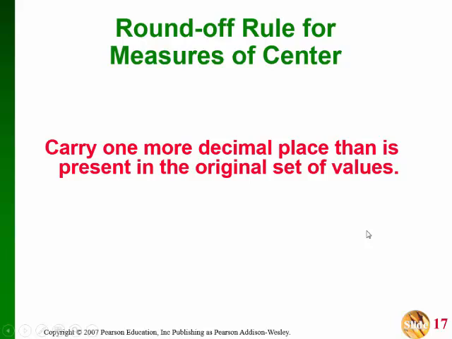If you were to find the average of this thing or the mean of this thing, you would express your answer in 2 decimal places. So with respect to your original data set, you would carry your result one decimal place past what you're given. Okay, I think.